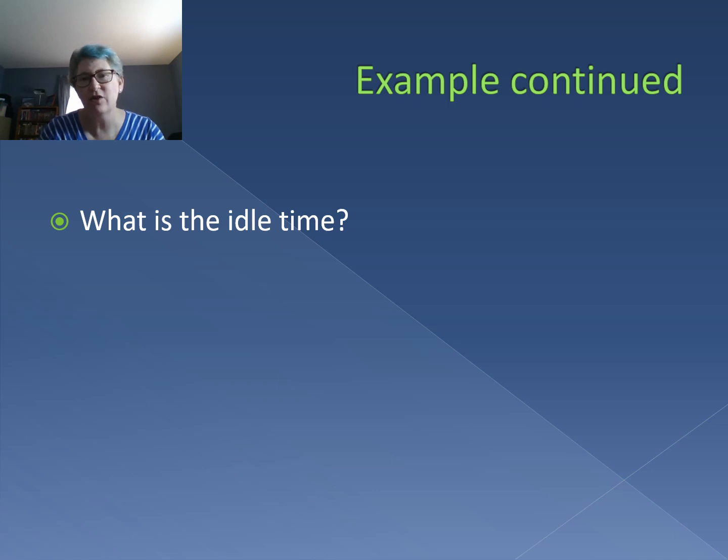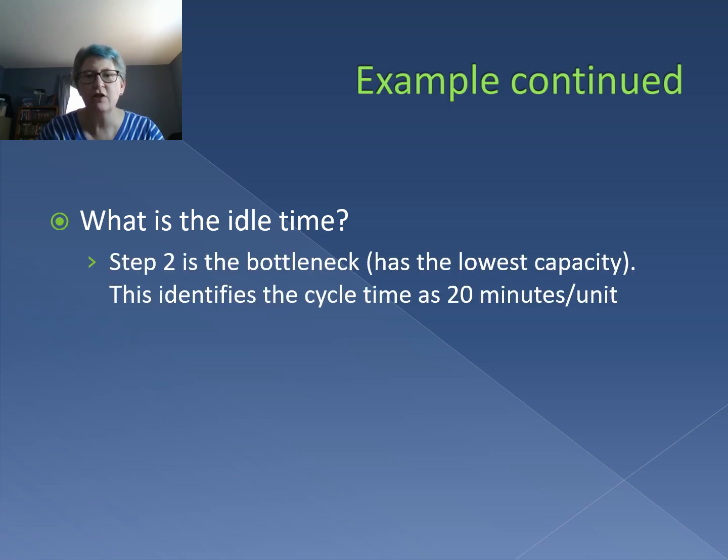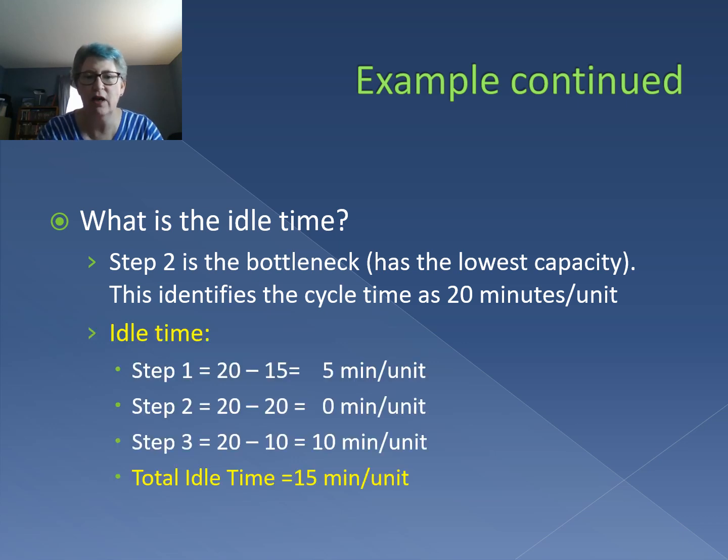Now we have to consider the idle time. As you recall, step 2 is the bottleneck. It has the lowest capacity because when we looked at it, it had a cycle time of 20 minutes per unit, whereas the others were a lot less time per unit. So now that we know that the cycle time is 20 minutes per unit, we can calculate the idle time.